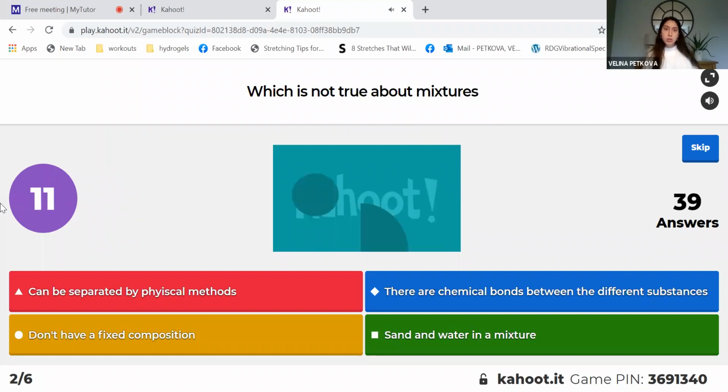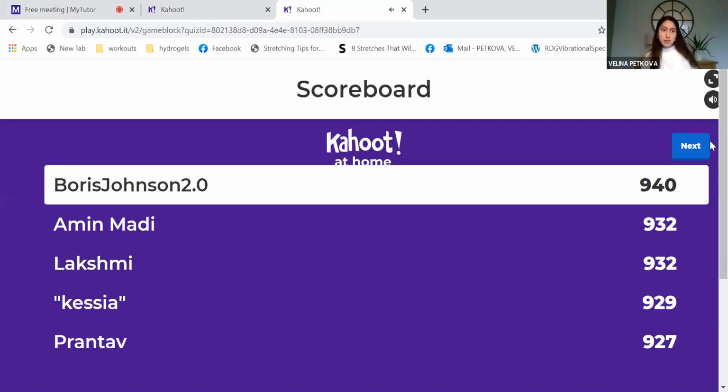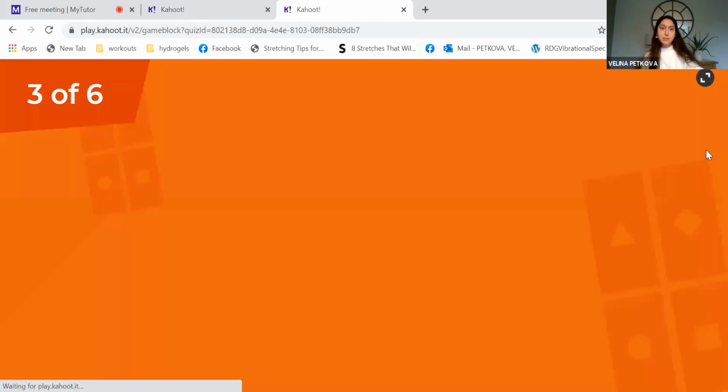So remember, it's which is not true. Yeah, well done everyone. So there are no chemical bonds between the different substances. Well done to Boris Johnson for keeping his first place.